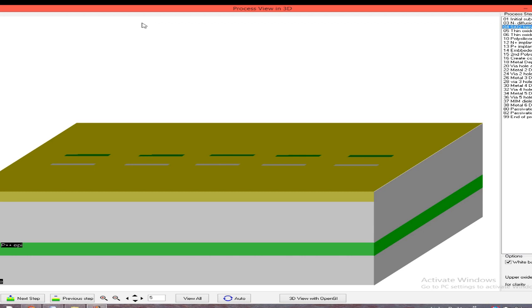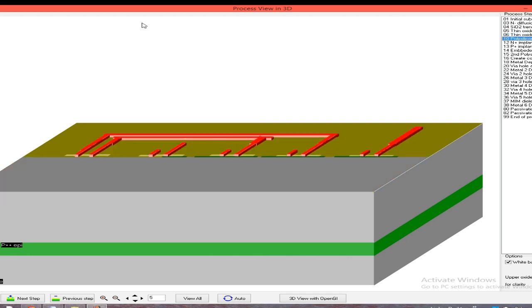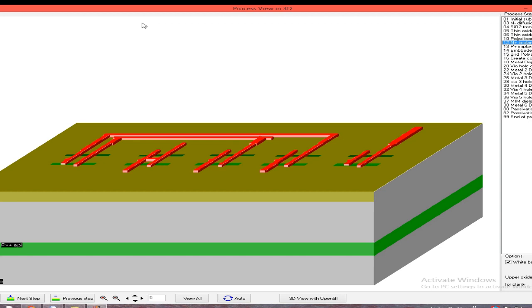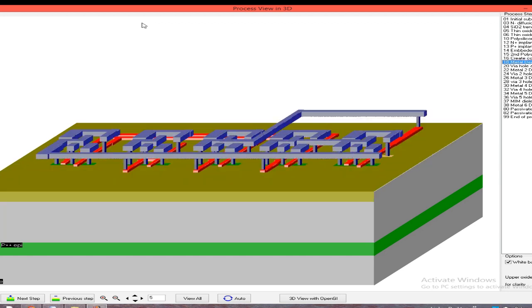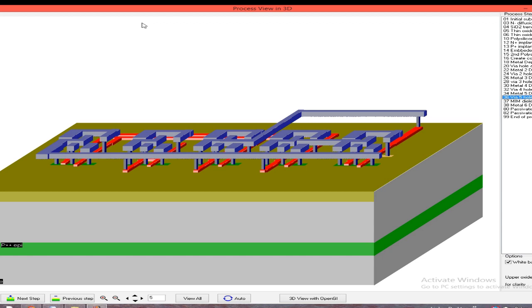After that SiO2 trench isolation, then thin oxide growth, thin oxide reduction for polysilicon deposit, N plus implant, P plus implant, embedded DRAM, second polysilicon deposit, create contact, metal deposit and etch via hole and fill, metal 2 deposit and etch via 2 hole and fill, metal 3 deposit and etch via 3 hole and fill, metal 4 deposit and etch via 4 hole and fill, metal 5 deposit and etch via 5 hole and fill, MEM dielectric, metal 6 deposit and etch, passivation oxide deposit, passivation etching and the end of this process.